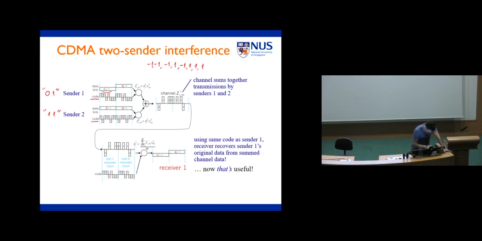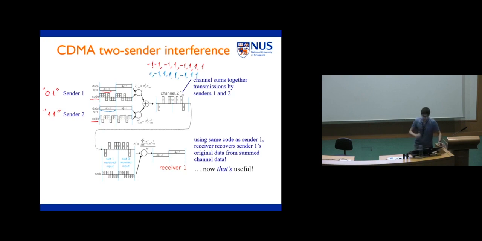And for the second one, let's multiply this data bit with the second one's code. I have 1, -1, 1, 1, 1, then -1, 1, 1. Is that right?